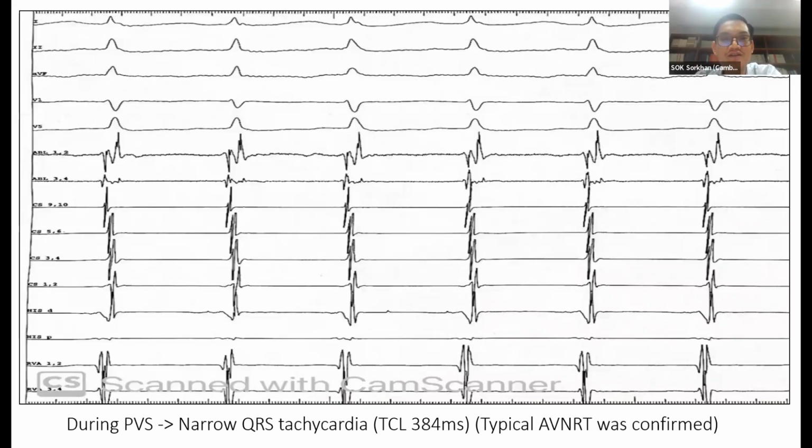So this patient has two problems: PVC from the papillary muscle and slow pathway AVNRT, type 4 AVNRT. So we tried to burn the PVC from the papillary muscle and then ablate the slow pathway. So we have two points to do here.